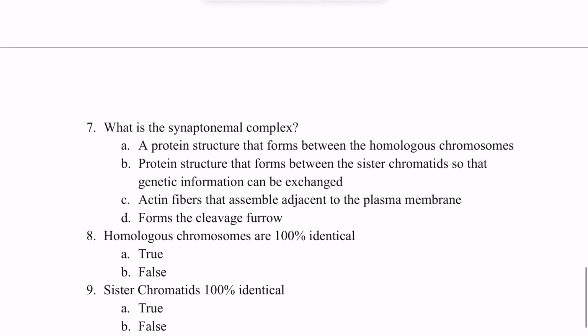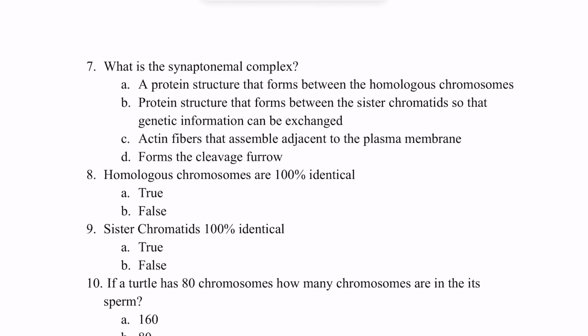Question 7. What is the synaptonemal complex? The correct answer is A. So it's the protein structure that forms between homologous chromosomes.